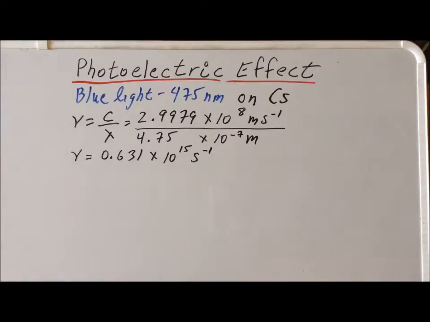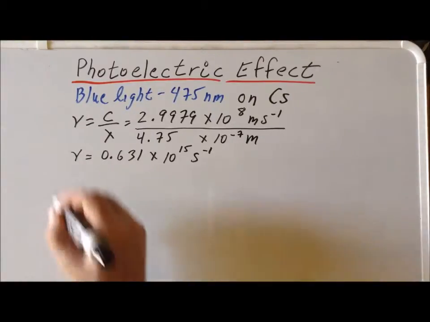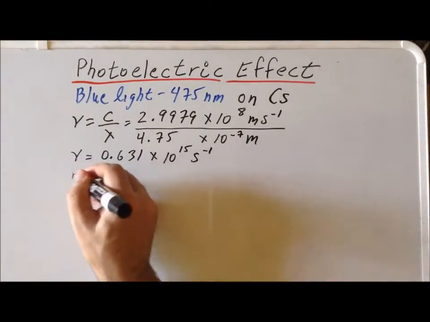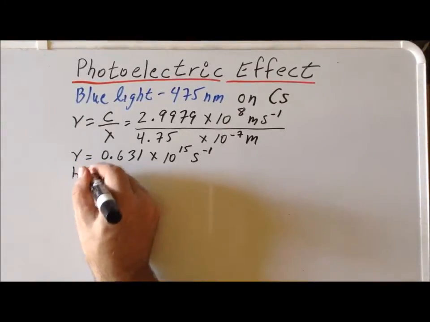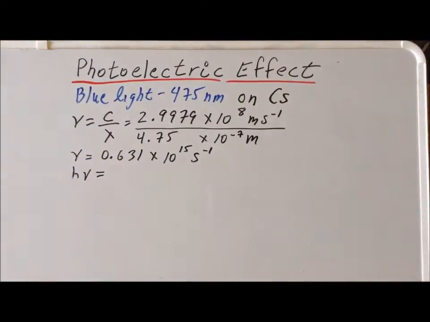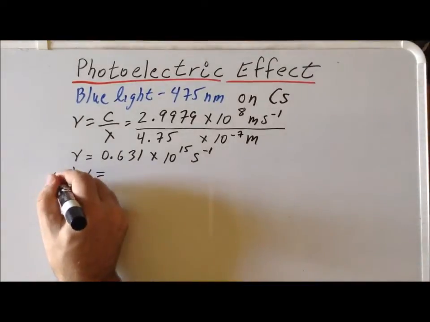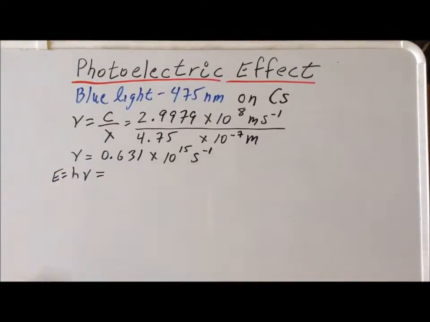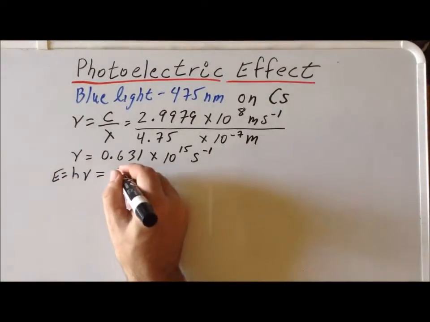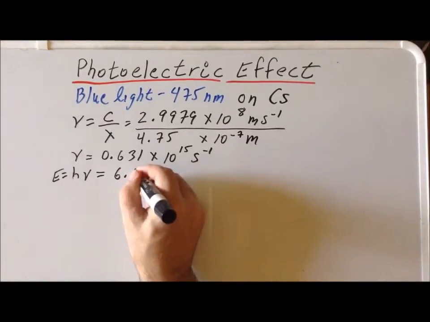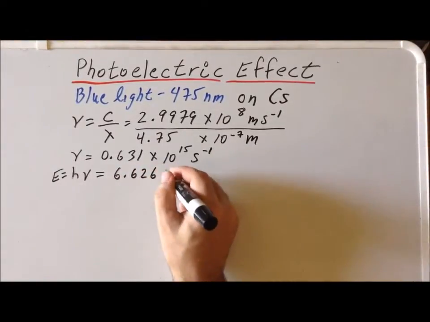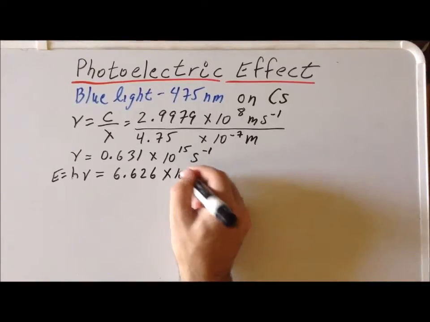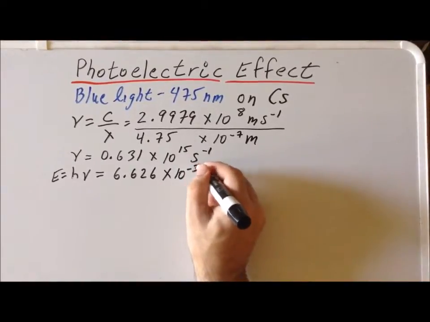And recall that we know from Einstein that light can act as individual particles, and that the energy of those particles is equal to h times nu. H is Planck's constant, so that's our 6.626 times 10 to the minus 34 joule seconds.